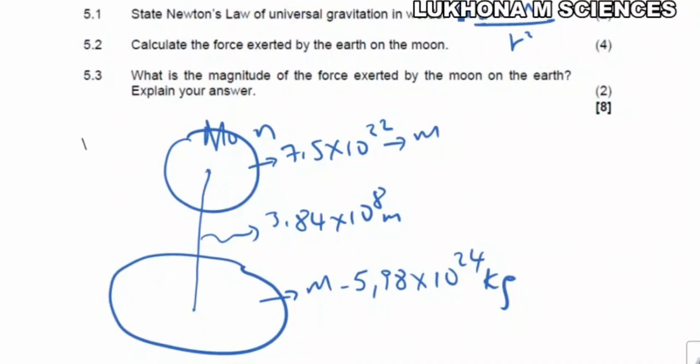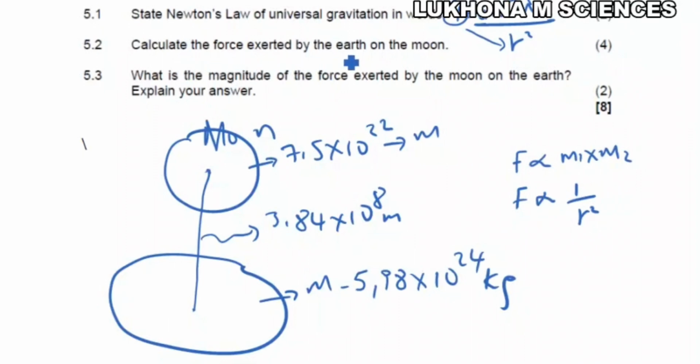The gravitational force between two bodies is directly proportional to the product of their masses and inversely proportional to the squared distance between their centers. Calculate the force exerted by Earth on the moon.